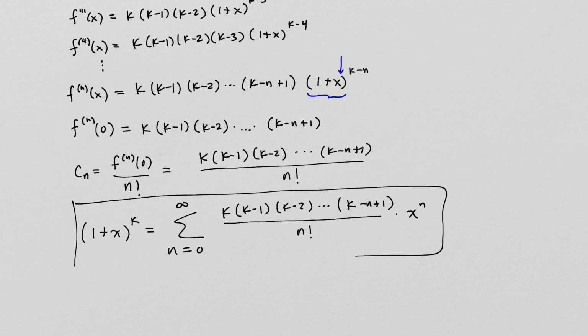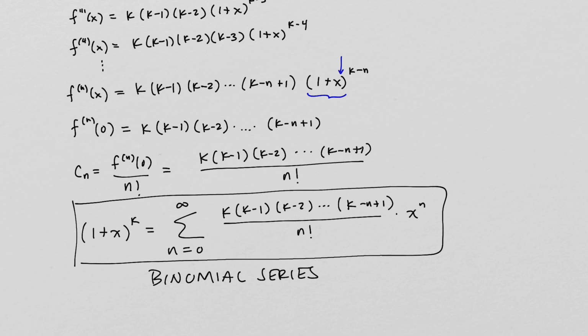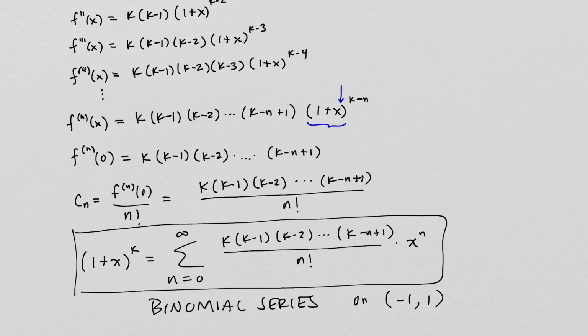And this is an important series. This is called the binomial series. And we can show that this converges on the interval from -1 to +1. We're not going to do it here, but it can be shown.